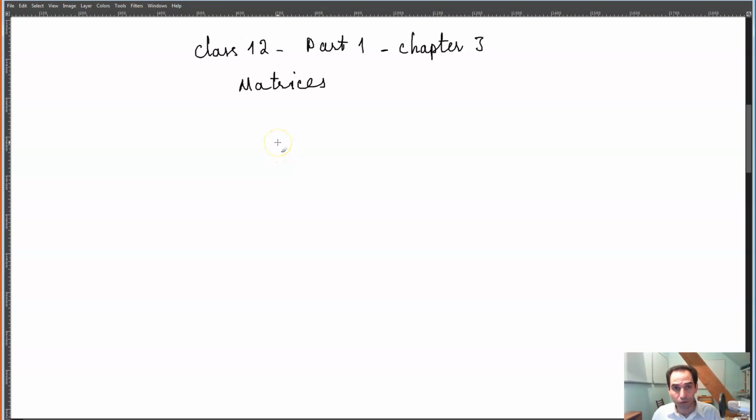Now, of course, most probably you know that matrices are very popular in mathematics. They have applications all over mathematics and in all branches of science, and the operations that we have in matrices will be used in all branches of science.